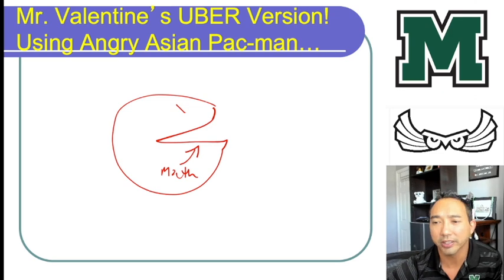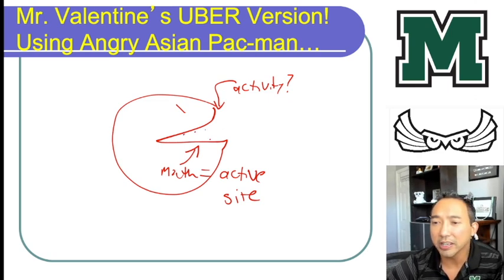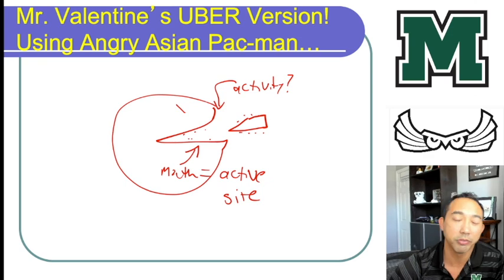This mouth is called an active site, which is pretty good because isn't this where all the activity is going to happen, right? Isn't that going to be in the mouth? Good. So the active site is the mouth of the enzyme. And in here you have these hydrogen bonds that are going to match whatever the substrate's corresponding hydrogen bonds are. Okay, that was easy enough.